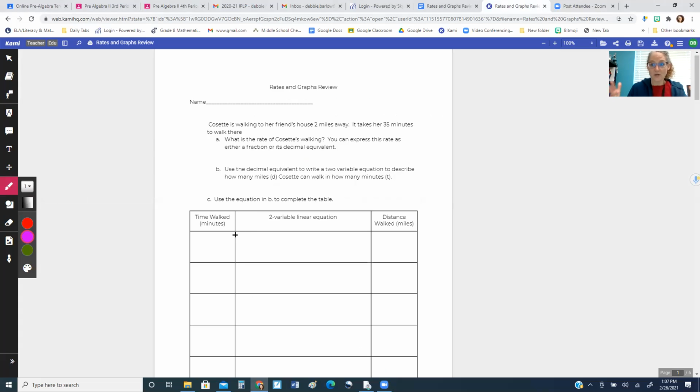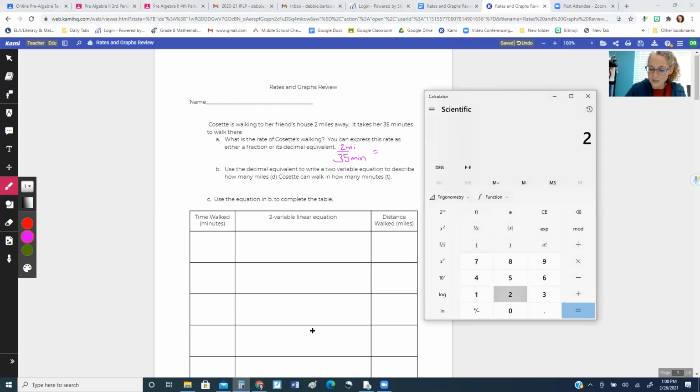What is the rate of Cosette's walking? So we first need to figure out the rate. So we have distance. We have time. We can figure this out. And it's just going to be distance divided by time. So it's 2 miles divided by 35 minutes. I'm going to remember my units. Miles divided by minutes. And that equals, I have no idea. I have no idea what 2 divided by 35 is.